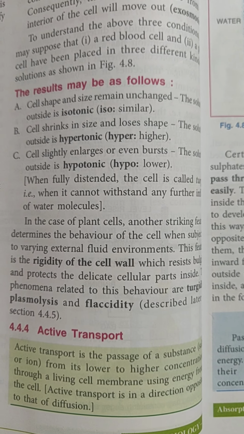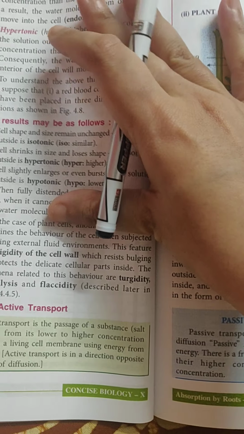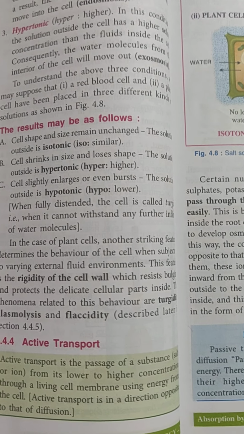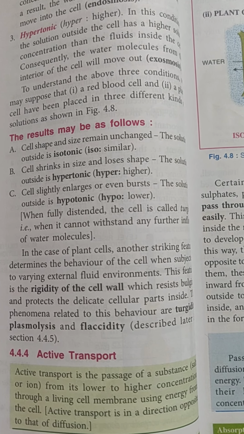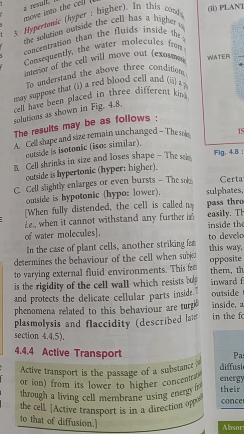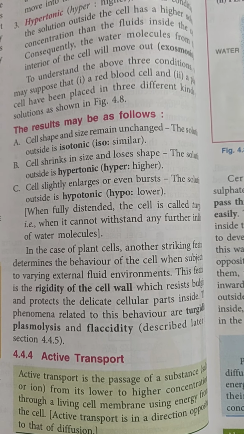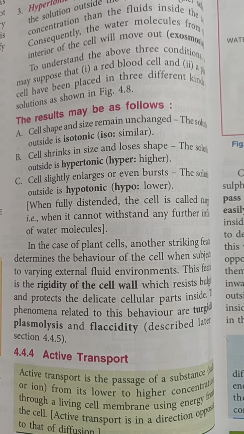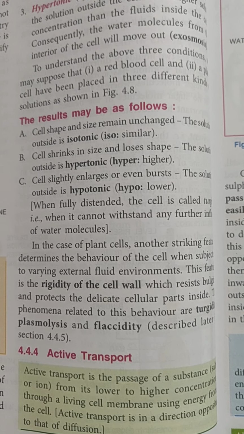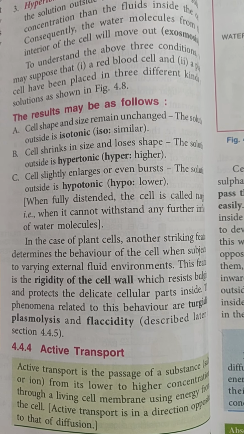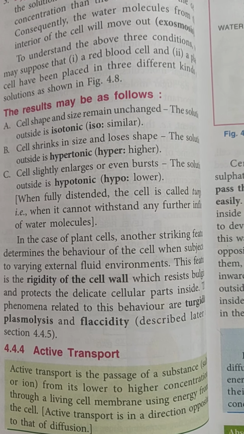In this case, a substance, be it a solute or an ion, will move from its lower to its higher concentration, and that too in the presence of a living cell membrane. That only happens when the cell spends energy. For this kind of movement, where a salt or an ion moves from lower to higher concentration, energy is used from the cell.